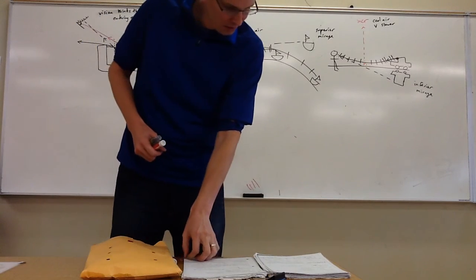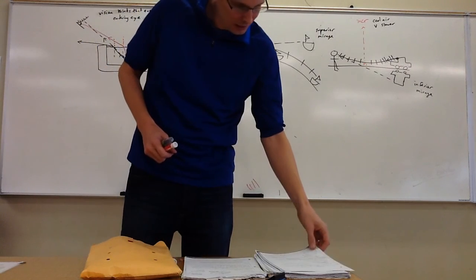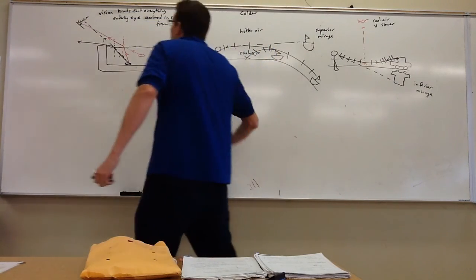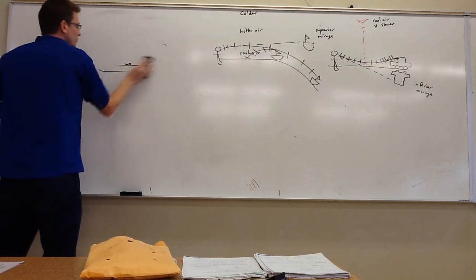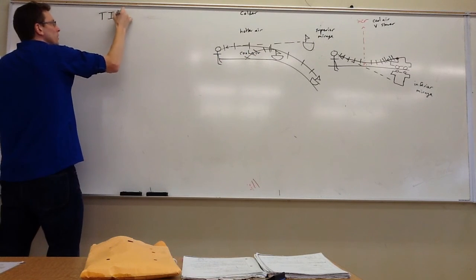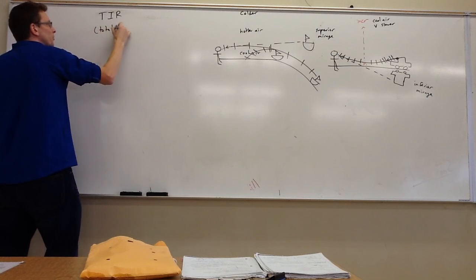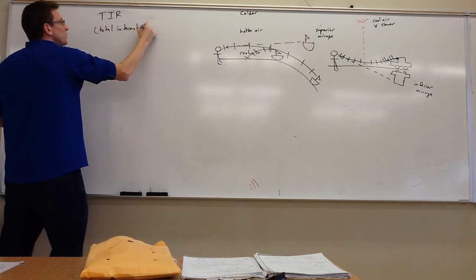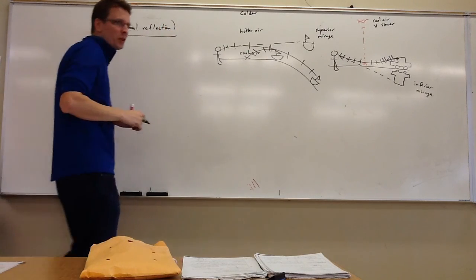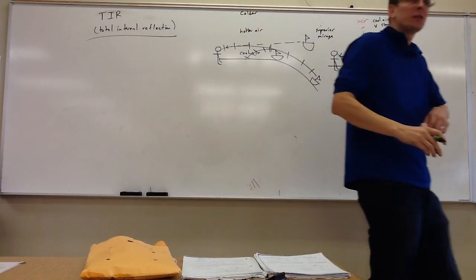And the final order of business that I would like to at least get into today is the total internal reflection. So TIR, total internal reflection. Now at this point we already understand a little bit about the parameters for how that happens.